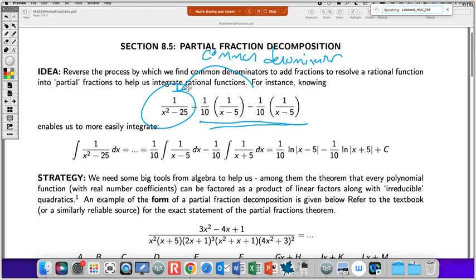You follow? However, from a calculus standpoint, if I want to integrate this, it would take a lot more effort than integrating each of these. You follow? And so that's why we're going to be undoing this. If you keep in the back of your mind that partial fraction decomposition is reversing common denominators, that helps these rules make sense.